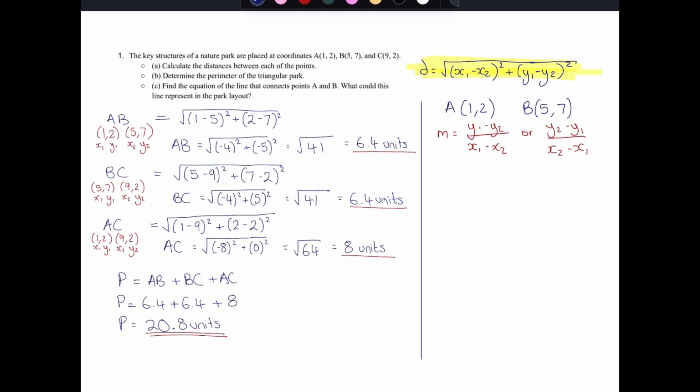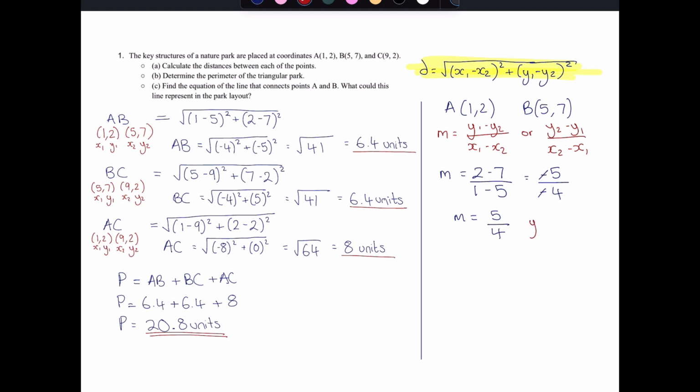So let's work out the gradient. So m is going to be equal to 2 minus 7 divided by 1 minus 5. 2 minus 7 is negative 5 divided by negative 4. So here our negatives cancel out. Okay, so our gradient is equal to 5 over 4.